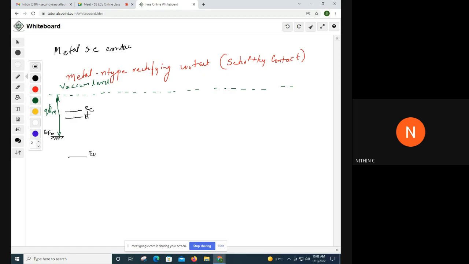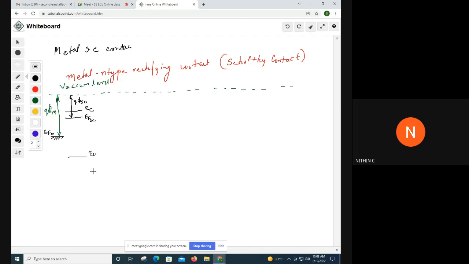We will be having EFSC. SC represents semiconductor. And here also, the phi SC is actually this one, the energy difference between the Fermi level and the vacuum level, which is represented as Q phi SC.